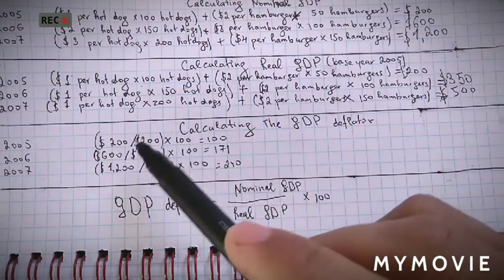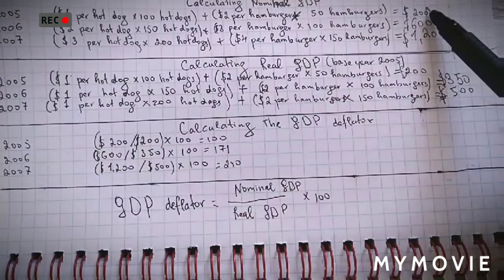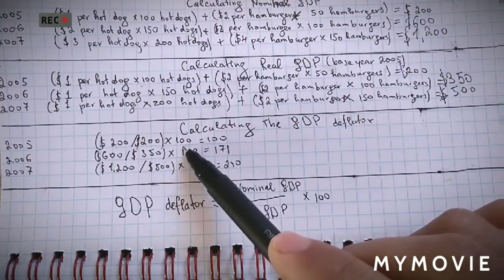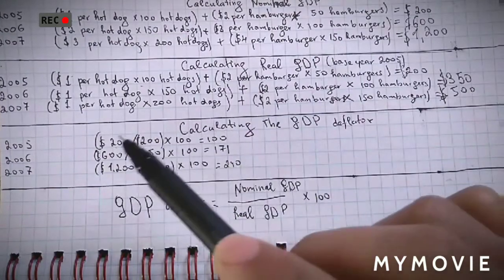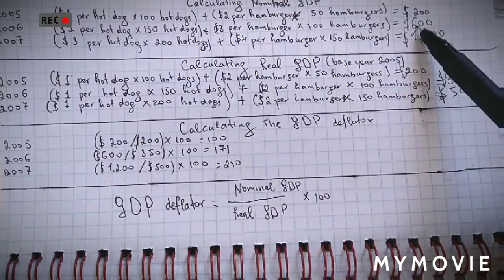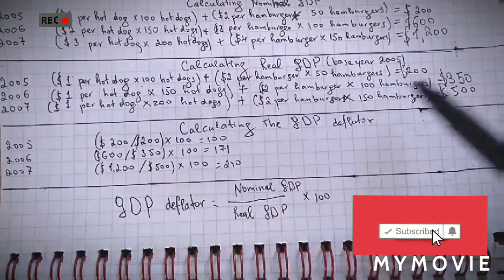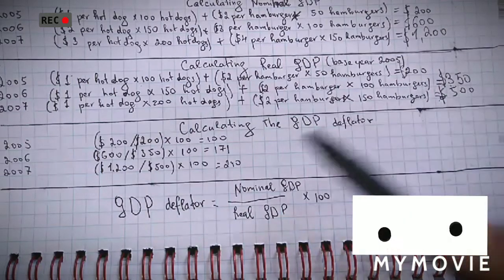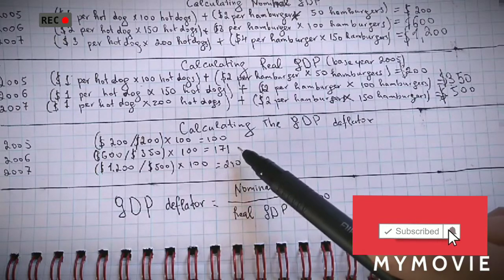Here $200 over $200, multiplied by 100, so the result is 100. For 2006, the $600 comes from the nominal GDP of 2006, and the $350 comes from the real GDP of the same year, multiplied by 100, and the result is 171.